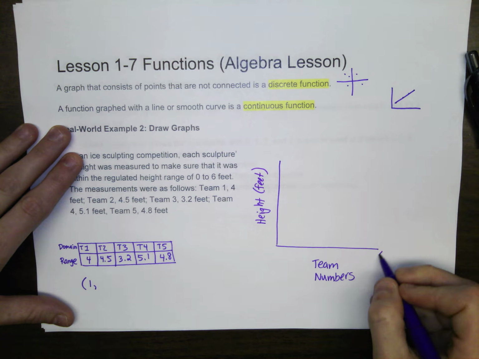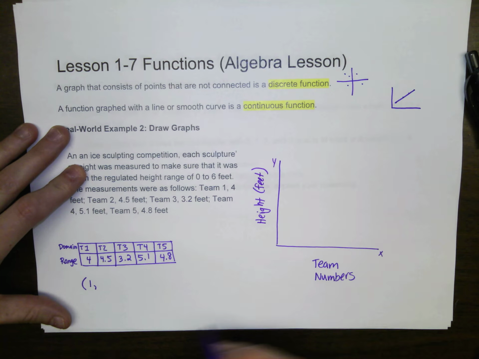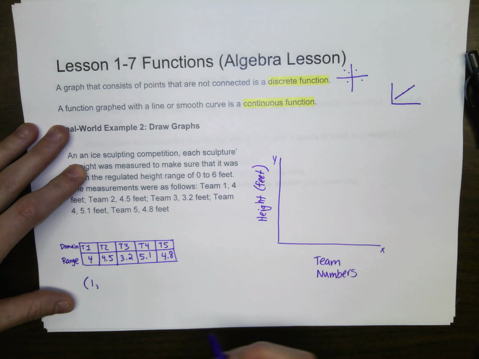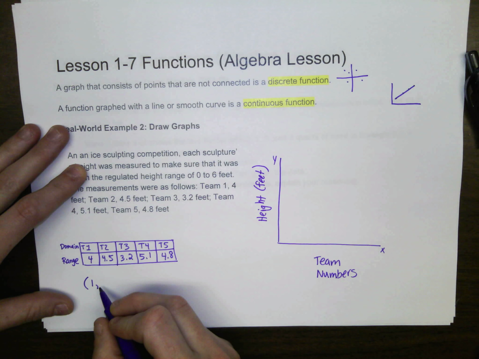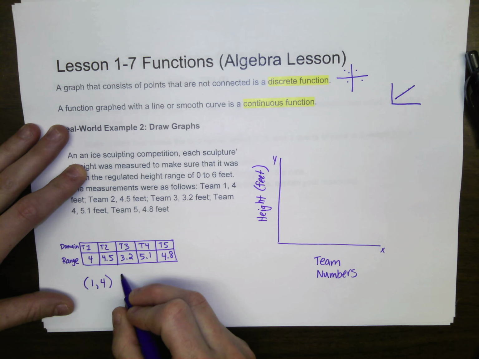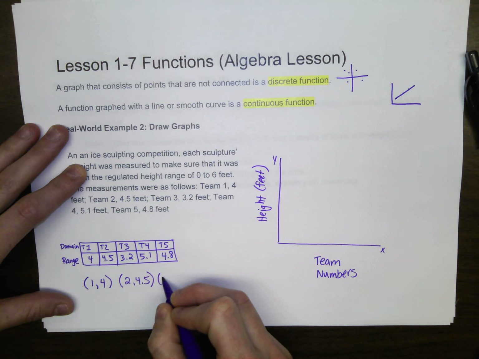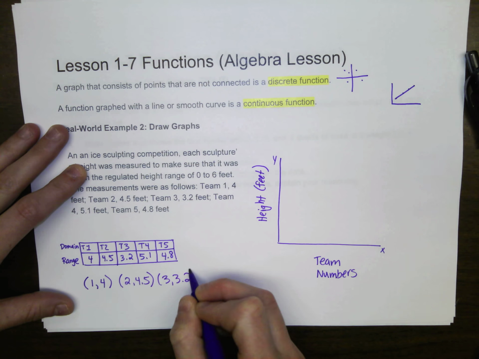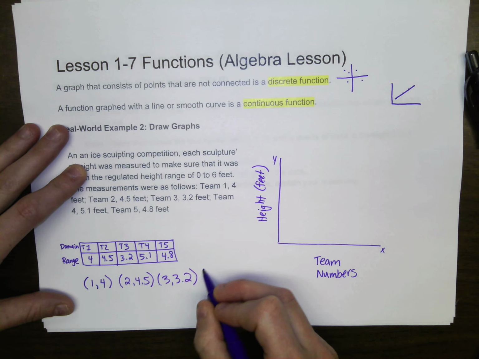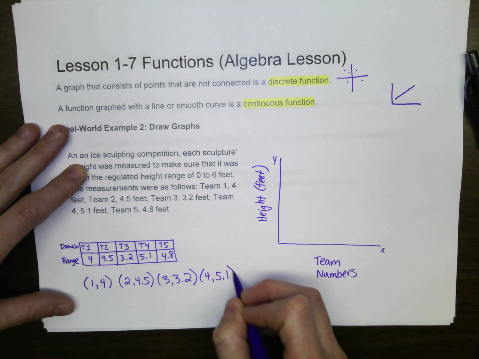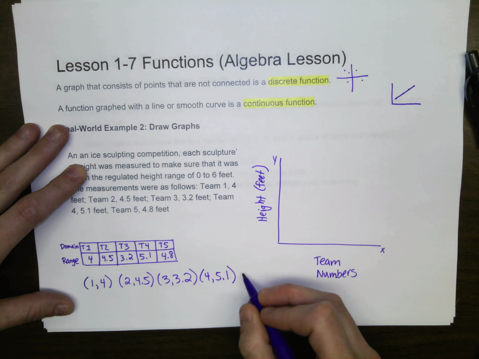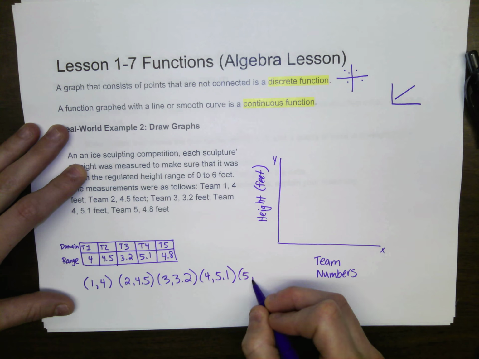That means our x is our team number and our y is our height. So (1, 4), (2, 4.5), (3, 3.2), (4, 5.1), and then (5, 4.8).